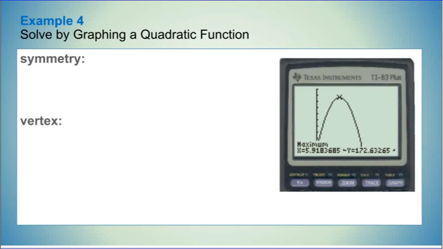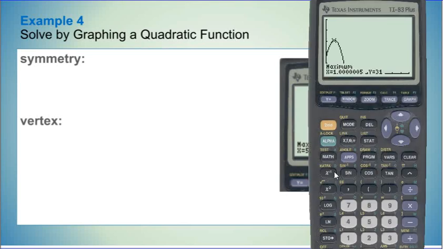To find the symmetry, let me get my calculator out to show you how to do that again. I'm going to go to y equals, and the equation for this one again was -4.9x squared plus 58x plus 1.